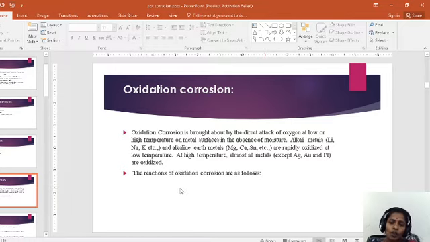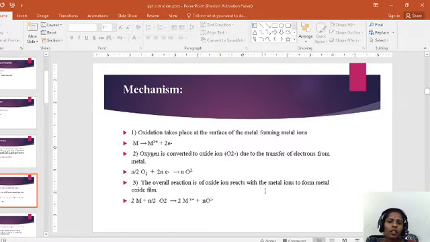Now the reactions of oxidation corrosion are as follows. Let us see what the reaction is when the metal undergoes oxidation. Oxidation takes place at the surface of the metal, forming metal ions. We know that oxidation means loss of electrons. So first the metal undergoes oxidation and produces metal ions.